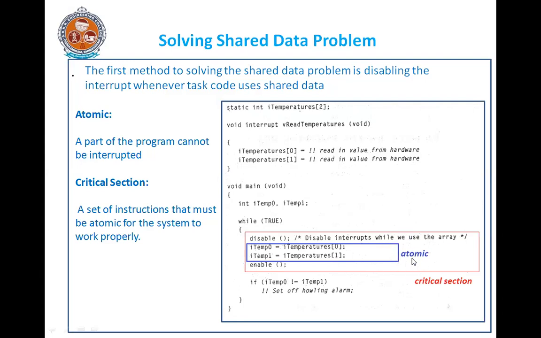All these statements must be atomic for the total task to work properly, so we are making it a critical section. Once we enter this critical section, no other task is given the microprocessor until it comes out of the critical section. By this also, the shared data problem can be solved.